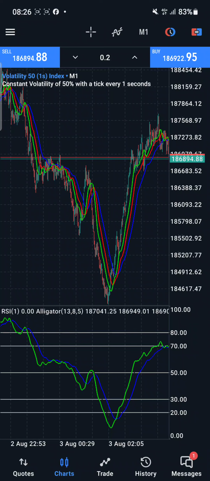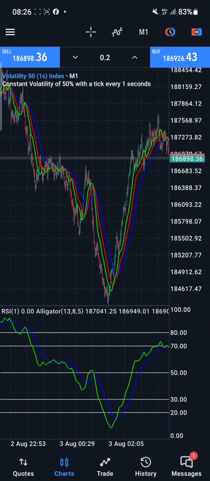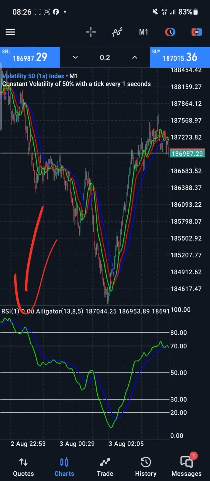So this is very important. From the resistance zone, it was unable to break out from there, so it started a downtrend somewhere here after having a crossing of the three signals right there. Of course, to confirm this, we need to come down to the indicator window.